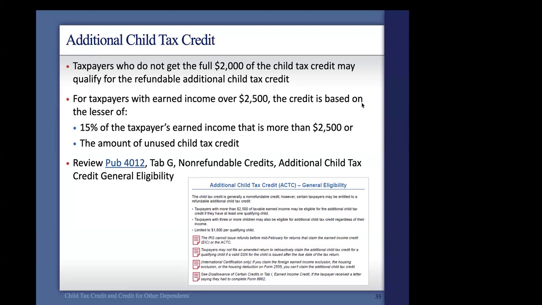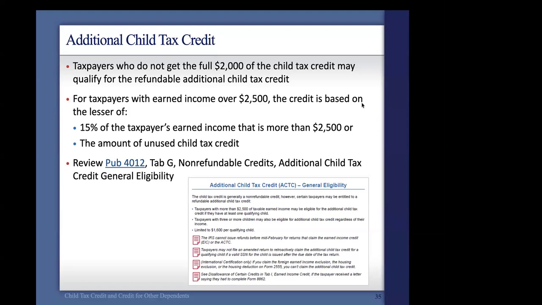And so that changed the amount of what the taxpayer may be eligible for. And so we know it's 2,200 versus the 2,000. For taxpayers who earned income over 2,500, the credit is based on the lesser of 15% of the taxpayer's earned income that is more than 2,500, or the amount of unused child tax credit.